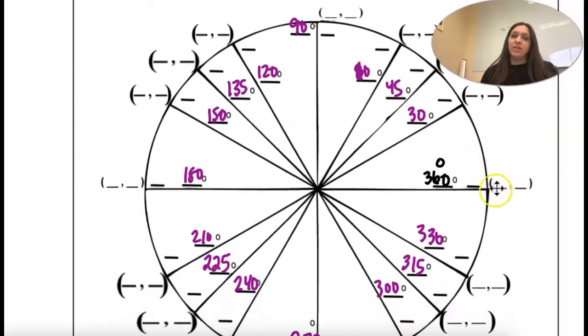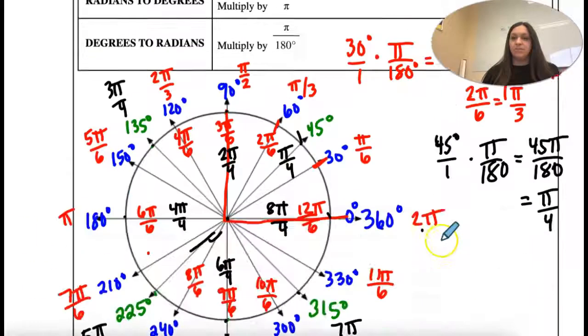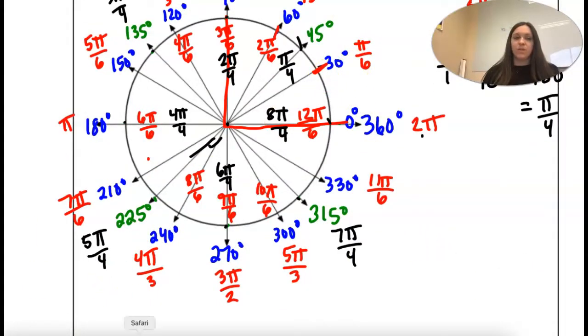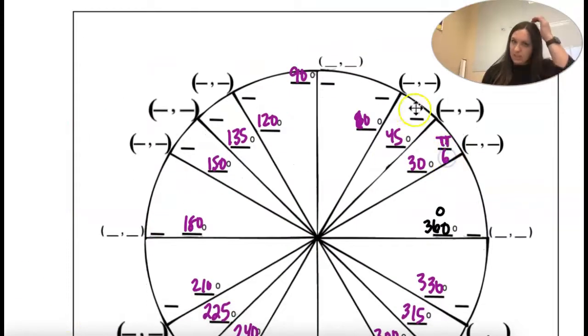Then this other line is for the radians. So pi thirds, pi sixths. It's a smaller one first, so pi sixths, pi thirds. And then you can count all the way around.